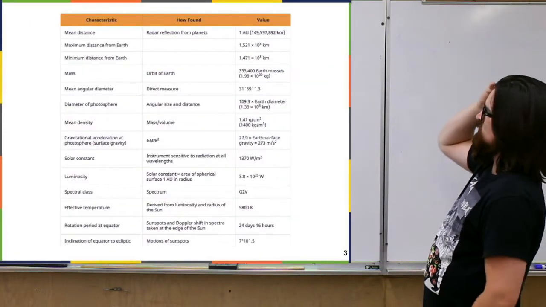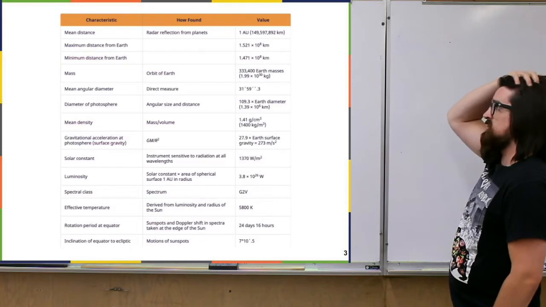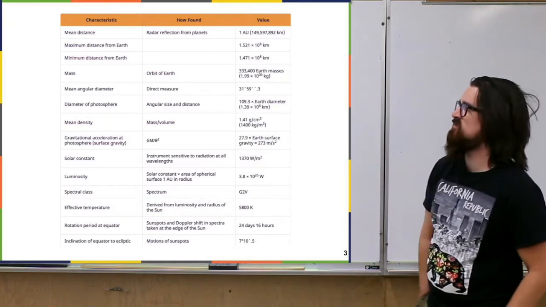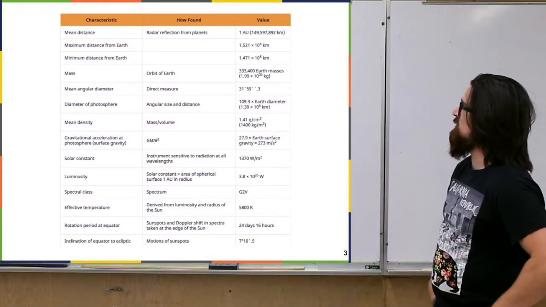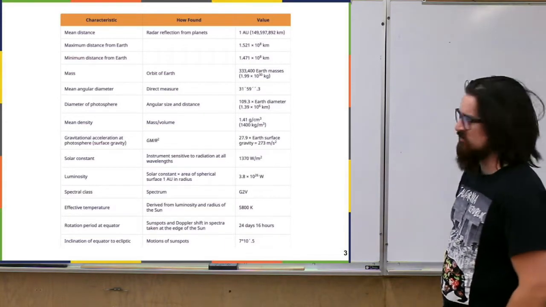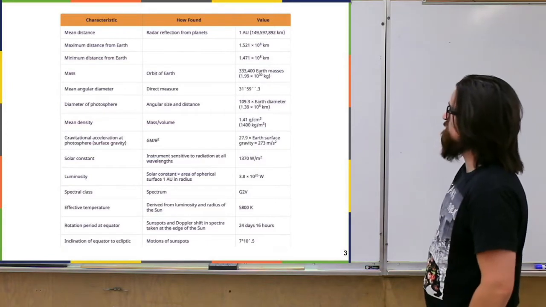Alright, so just quickly look at this table of a number of different characteristics of the sun. So our mean distance, or average distance, 1 AU, 1 astronomical unit, which is about 150 million kilometers, sorry.